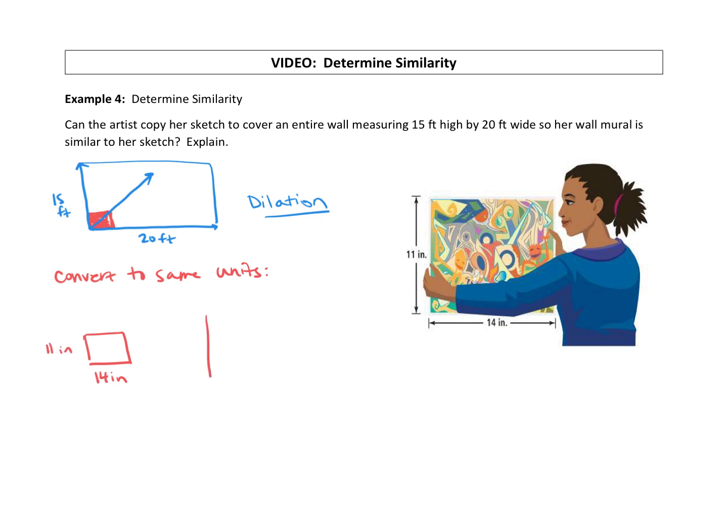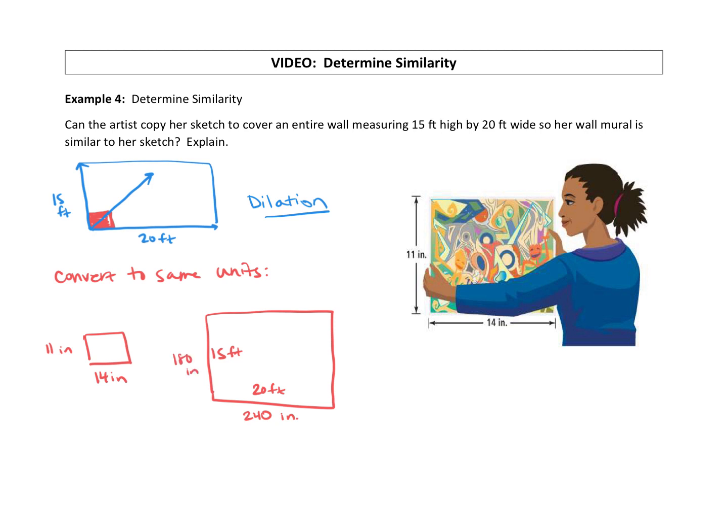And then that mural, the wall, we know is 20 feet by 15 feet. If we convert that, there are 12 inches in every foot. So 12 times 20 is 240 inches. And then 15 feet times 12 inches gives us 180 inches.